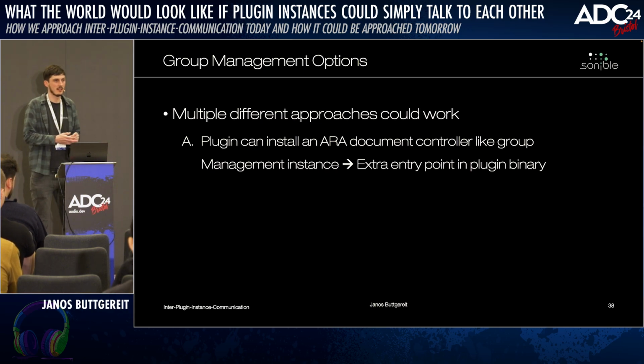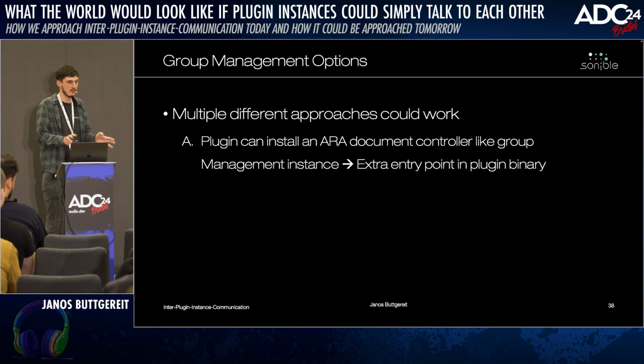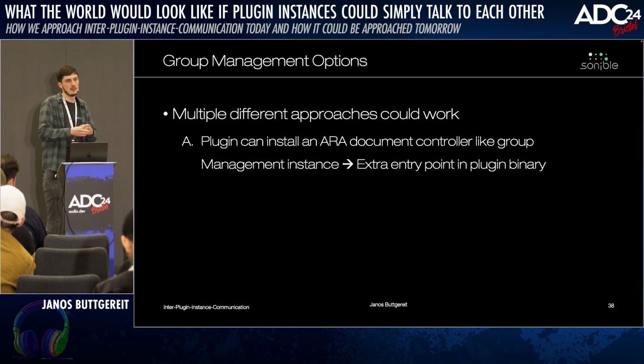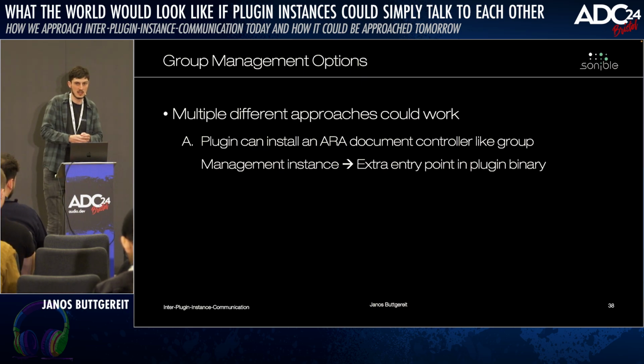So we could say, okay, our plugin defines a group management instance entry point in its binary. The host could just see, does this plugin also have a group management plugin in the binary? If so, instantiate this once and let it do its job for this specific plugin.